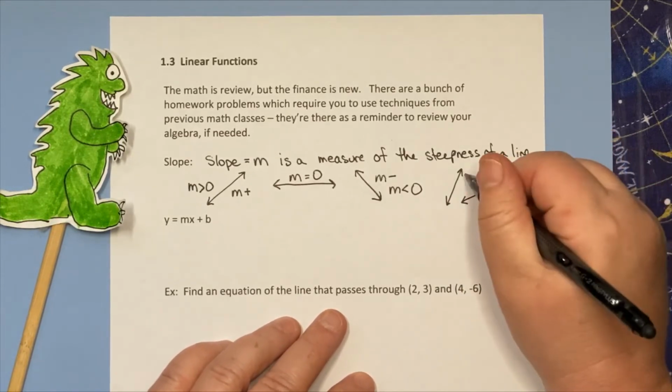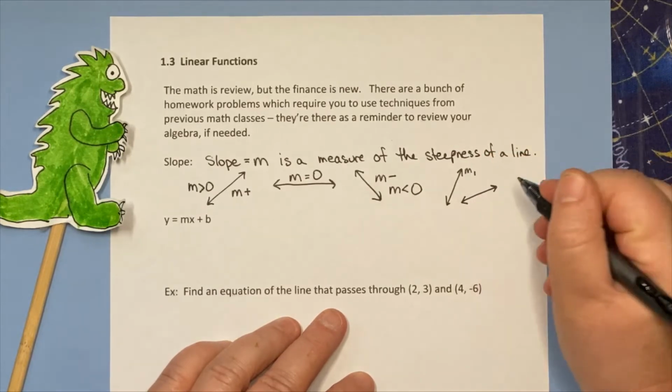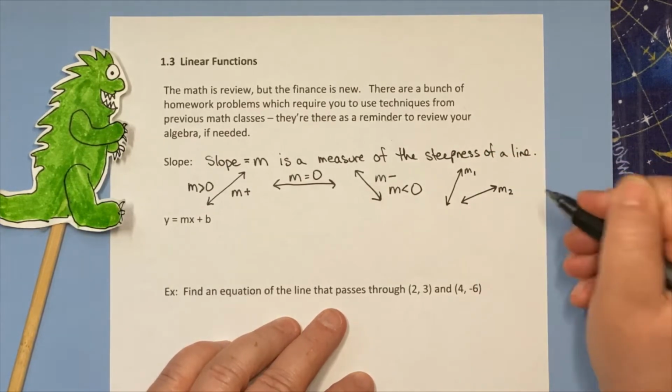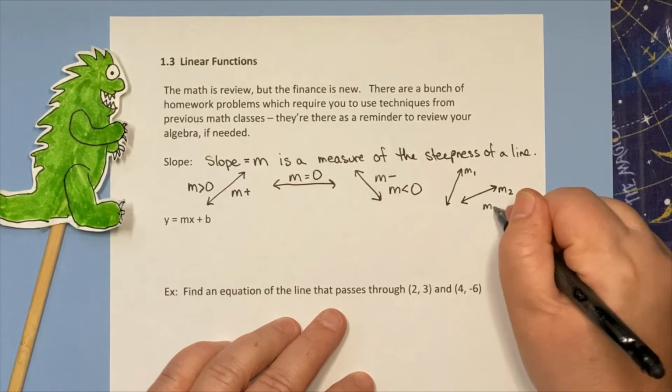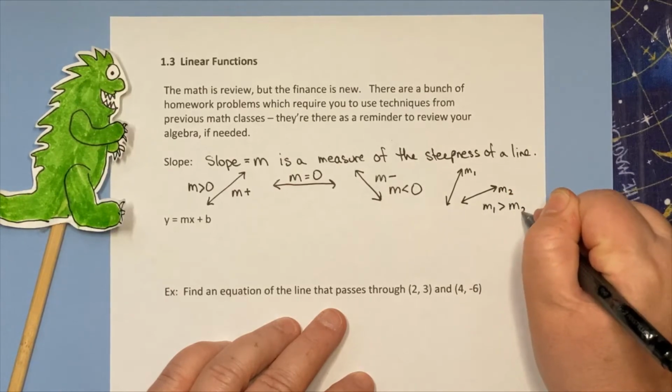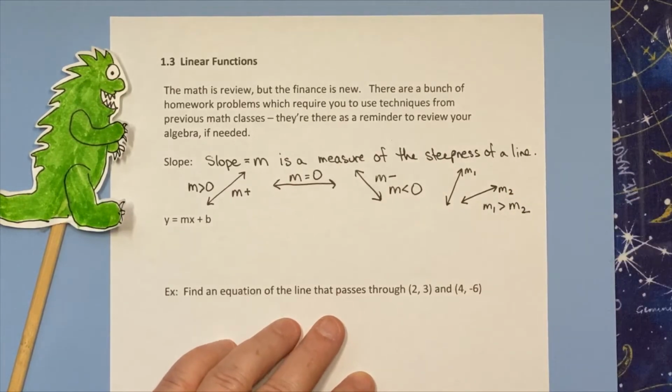So if this line has slope m1 and this line has slope m2, then m1 is greater than m2. Okay, so basically slope is just describing where the line is headed, and that's going to be really interesting for us because we're going to use that for forecasting when we're talking about finance and economics.